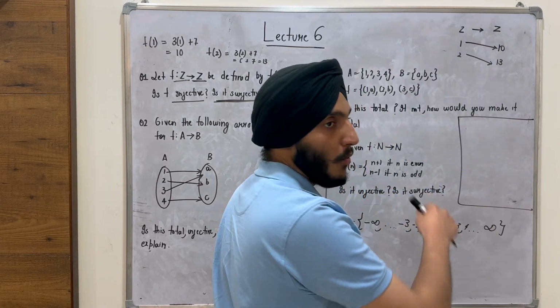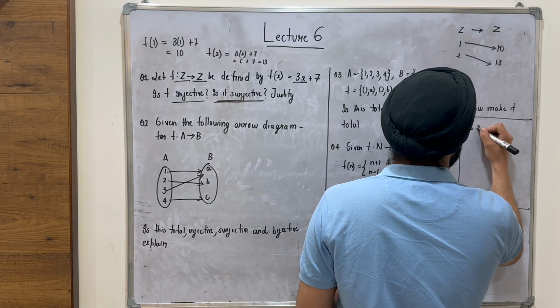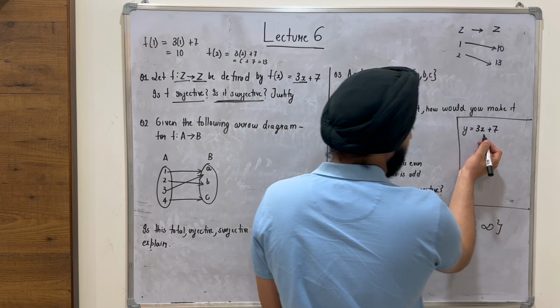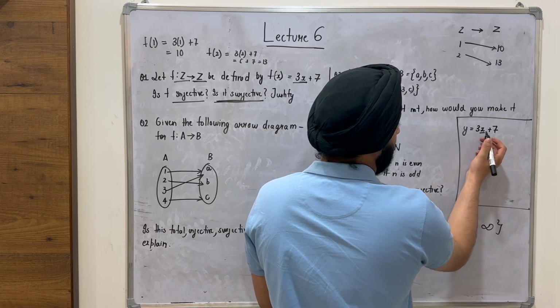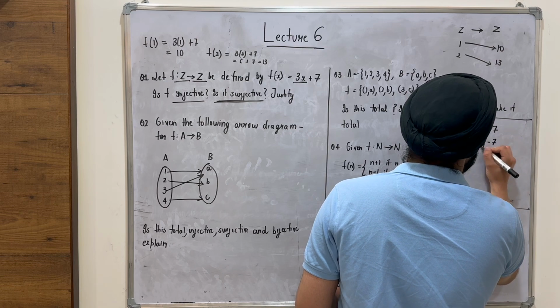I change this equation the other way around. I write it as y = 3x + 7. If I try to isolate x, I get x = (y - 7)/3.